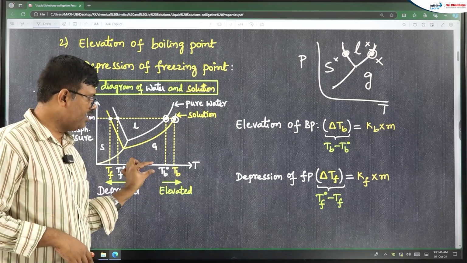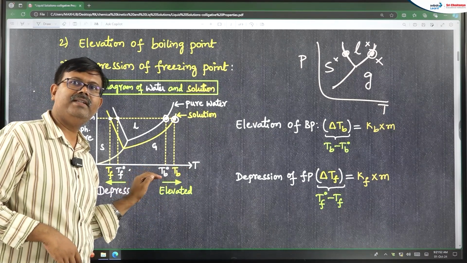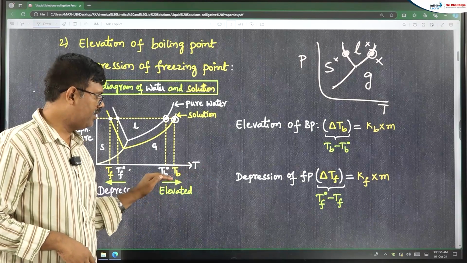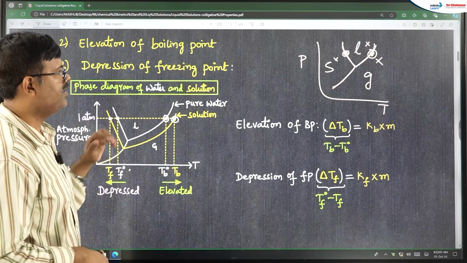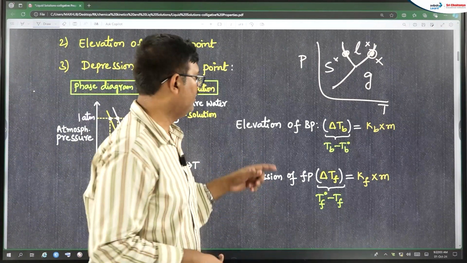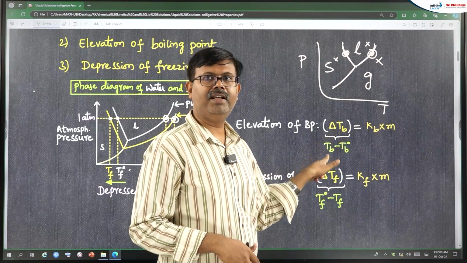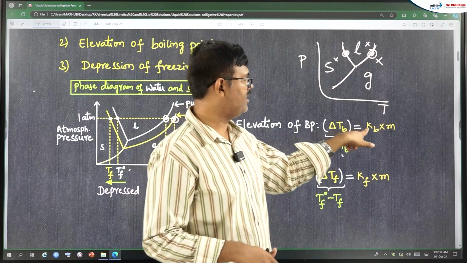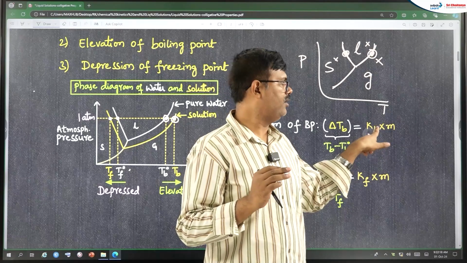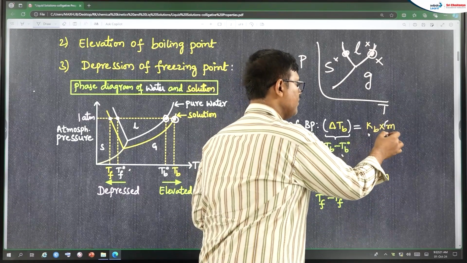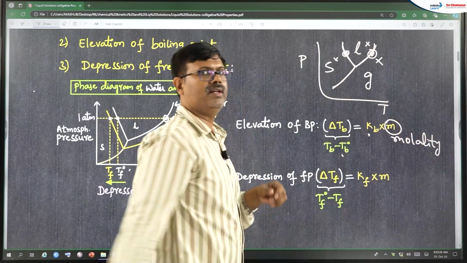Now if you see, the initial value is small, the final value is to the right, meaning bigger. So the boiling point is elevated. That's why we have written here elevated. The boiling point has increased. And how much is that increment, the elevation of boiling point? TB minus TB naught is how much? Kb, which is a constant, the boiling point elevation constant, into small m, which don't think of as mass, it is the molality of the solute in the solution.